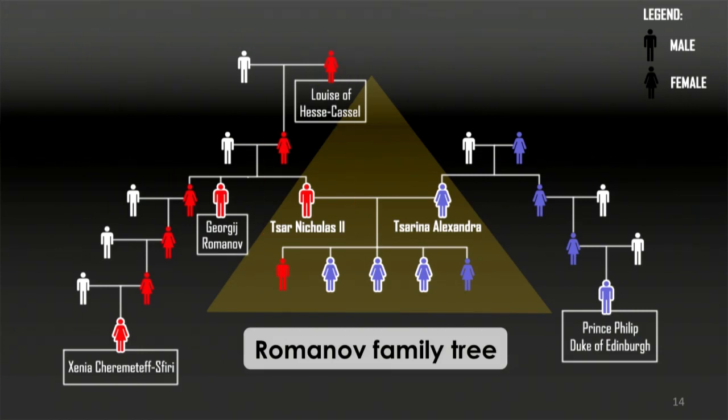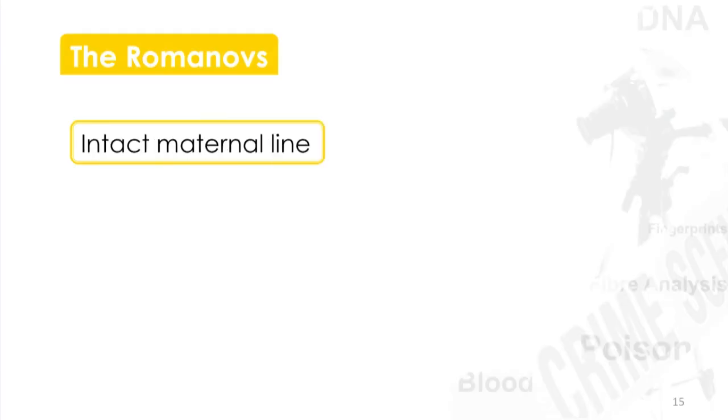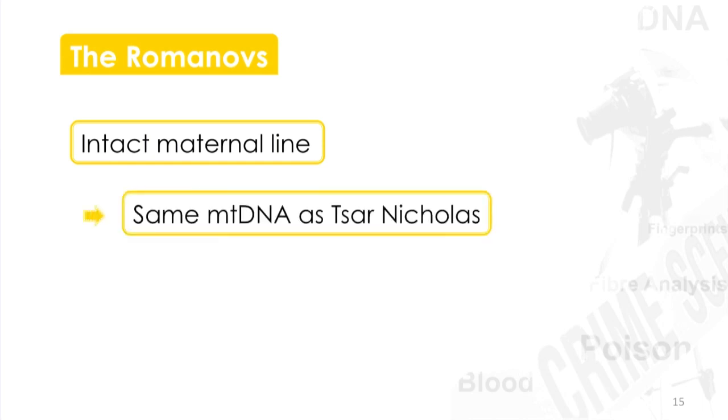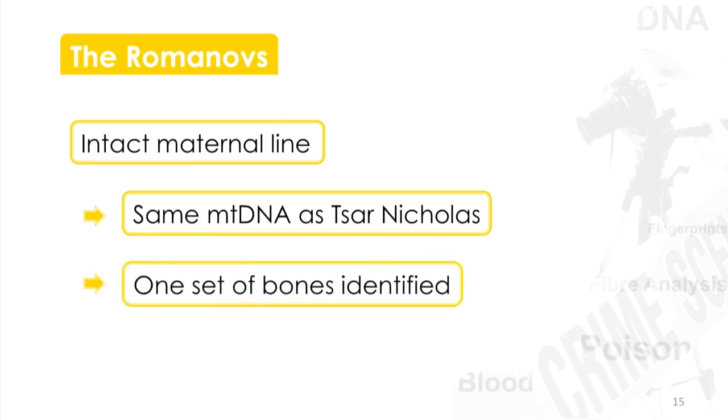The Tsar has a sister. The sister had a daughter who had a daughter who had a daughter. So we have an intact maternal line, and all the female members of that line will pass down the mitochondrial DNA, which is the same as Tsar Nicholas's mitochondrial DNA. And one set of bones, those of an adult male, there was a match, showing those were the remains of the Tsar.